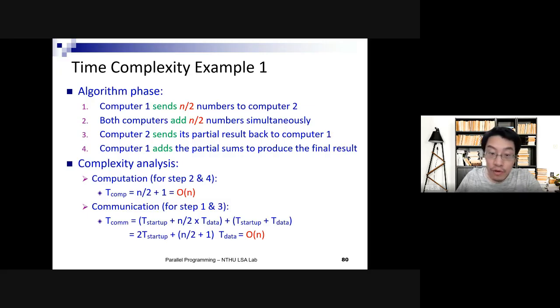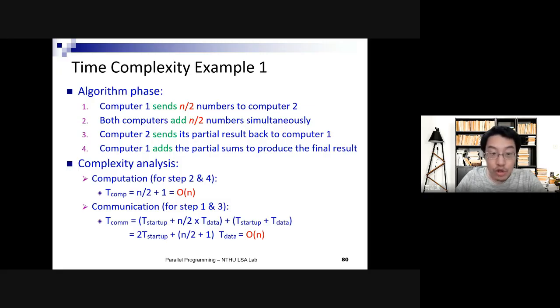But for step 3, we only send the partial result back, so it's a single integer, a single data element. We don't need to multiply anything by T data. Anyway, we add them together, and at the end we see the communication complexity is the same as computation. This is how we analyze it.